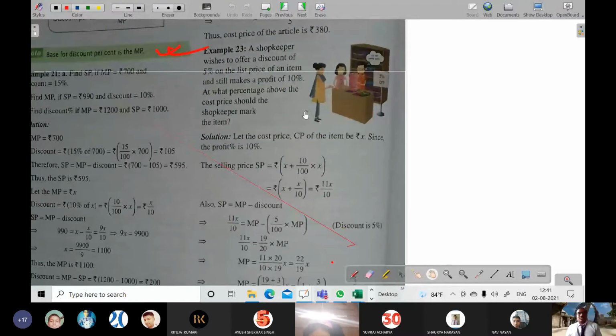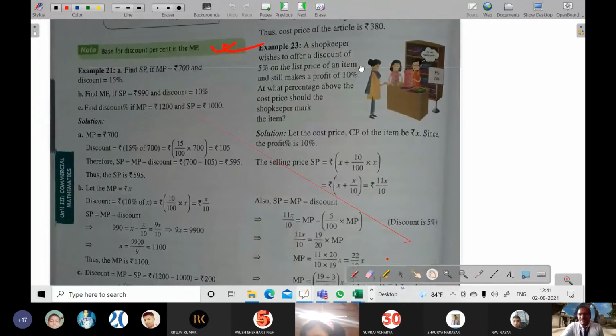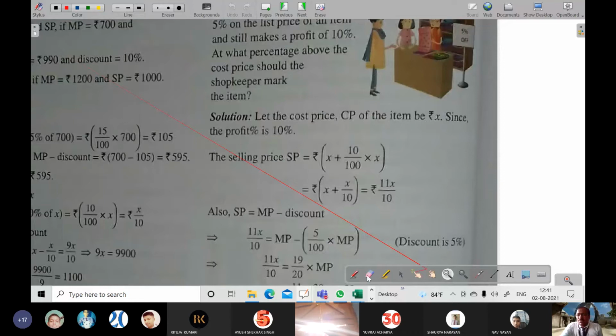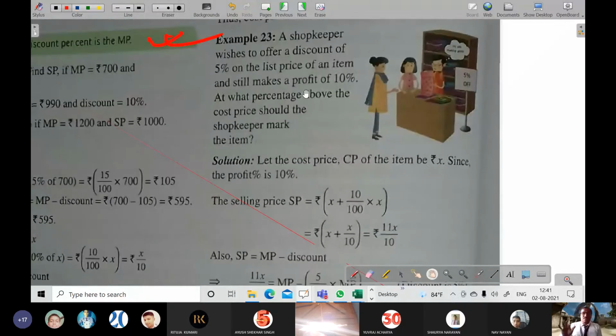In example number 23, it has been said a shopkeeper wishes to offer a discount of 5% on the list price of an item, and still makes 10% profit. After giving 5% discount also, he is getting 10% profit.